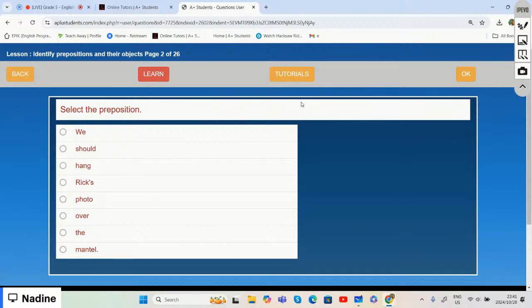We need to select the preposition once again within the sentence. We should hang Rick's photos over the mantle.